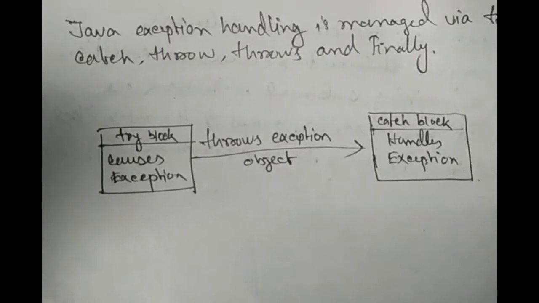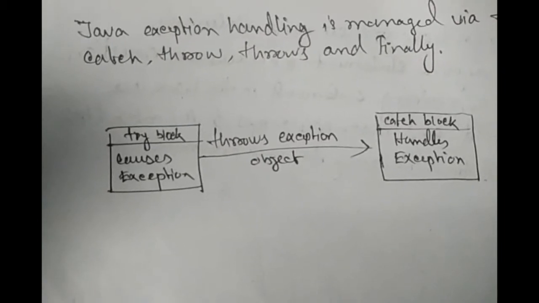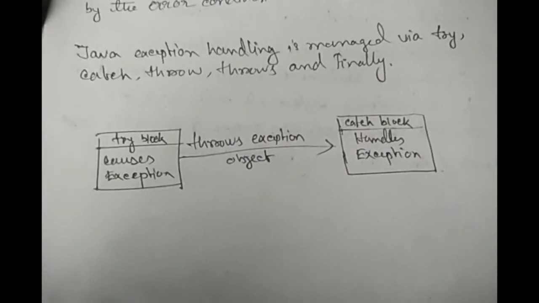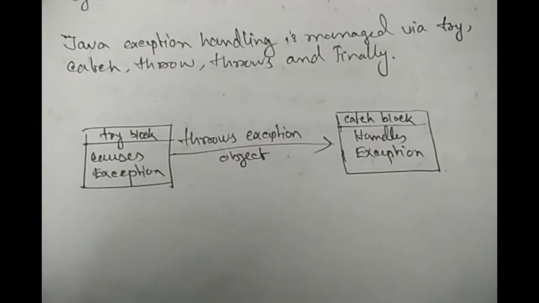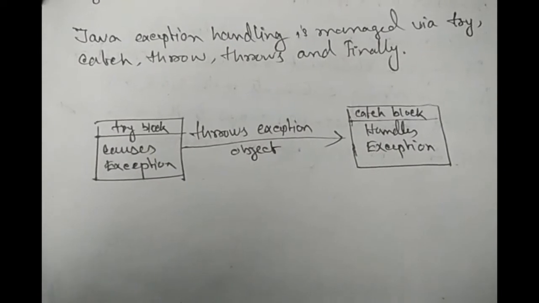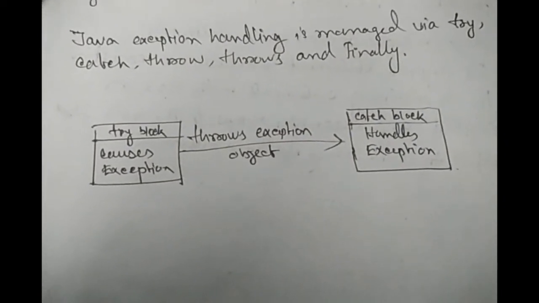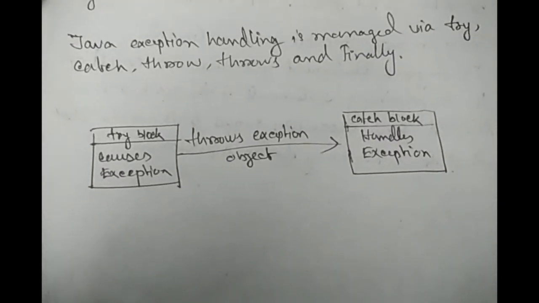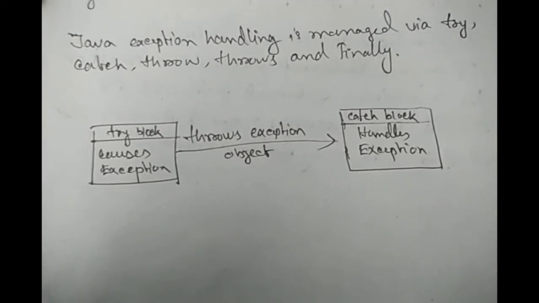In the try block, the exception has occurred, and in the catch block we handle the exception. From the try block, we throw the exception object to the catch block and we take necessary measures for properly handling the exception in the catch block.